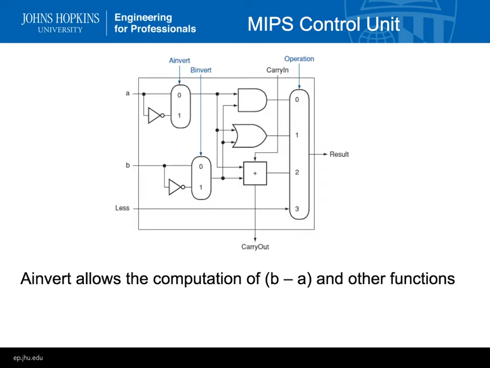And we can do that with A too. If we want B minus A, we would set this to 1 and this to 0, and this to 2, and that would be B minus A. And we'll talk about what this is in a second.